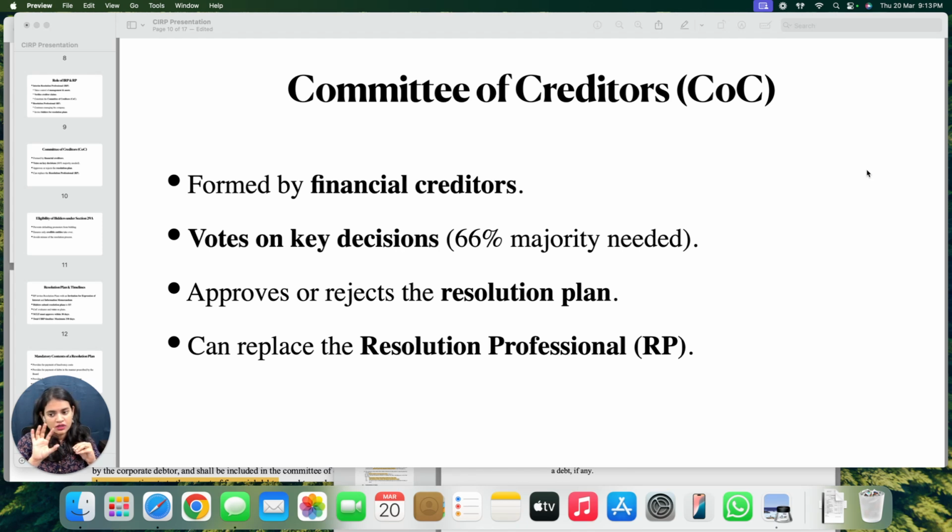So upon receiving the claims, while collating the claims, the IRP is to take note of who the authorized representative is going to be and communicate such appointment to the authorized representative, to the CoC, and to the adjudicating authority. This authorized representative, similar to the IRP, should also submit their consent, and should not have any disciplinary proceedings pending against them.